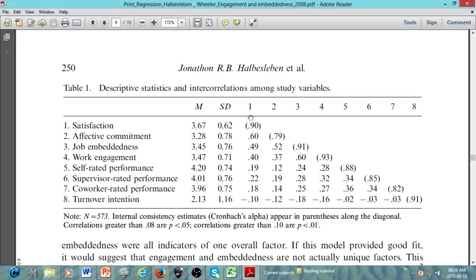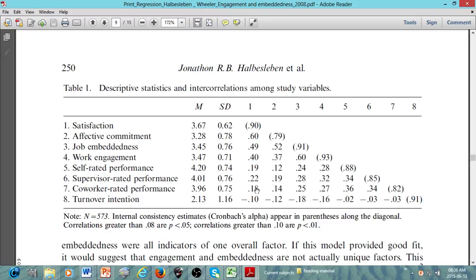And remember what I said about these would refer to the Cronbach alpha coefficients, because at the bottom of the table it says that the values in brackets refer to the Cronbach alpha coefficients of the tests that were used to measure the construct. So for example here, job satisfaction, the Cronbach alpha coefficient of the test used to measure that was 0.9, but we're not interested in that right now. We are looking at the correlation coefficients.